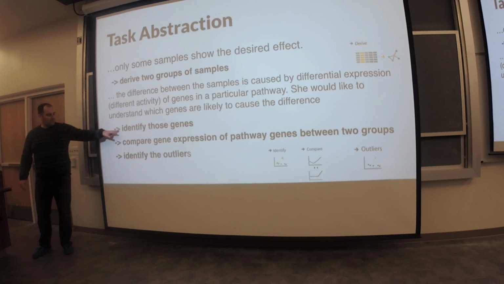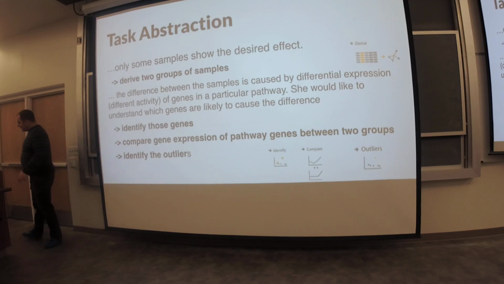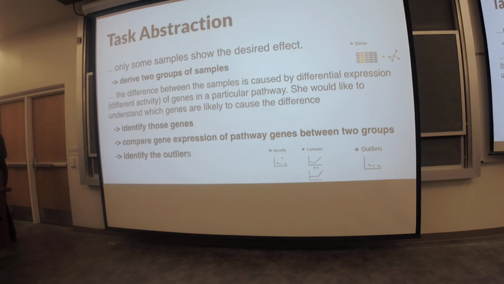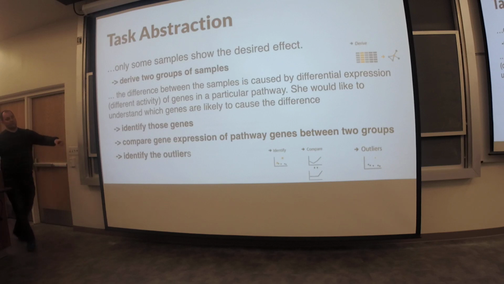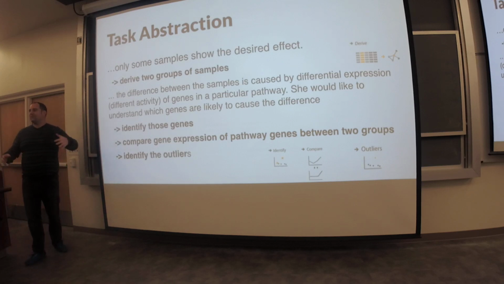So we identify those genes, and then we compare the gene expression of pathway genes between the two groups. And so we go in and retrieve this list of pathways from an online data source, and each of these pathways has a list of genes, and we do something let's call a gene overrepresentation analysis.